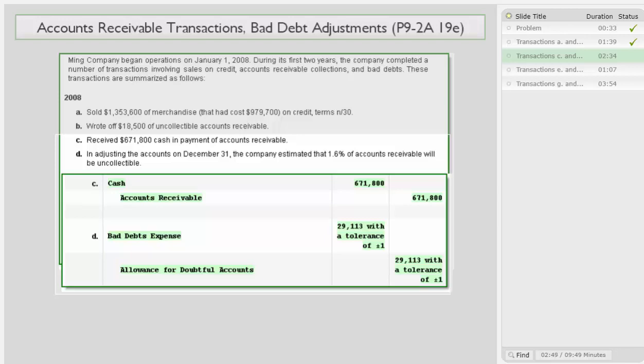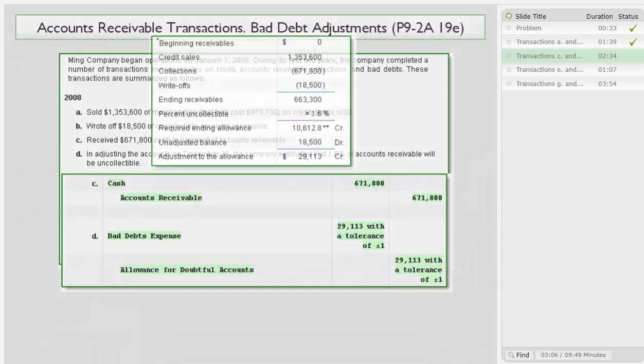Then on transaction D, we need to adjust for the accounts on December 31st so that the 1.6% of accounts receivable is recognized as bad debt expense. And how we calculate that amount is shown on the following pop-up screen. You see we start off with beginning receivables, then we add in the sales we had of $1,353,600.